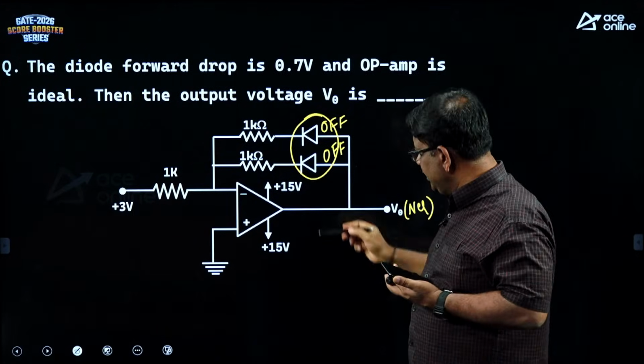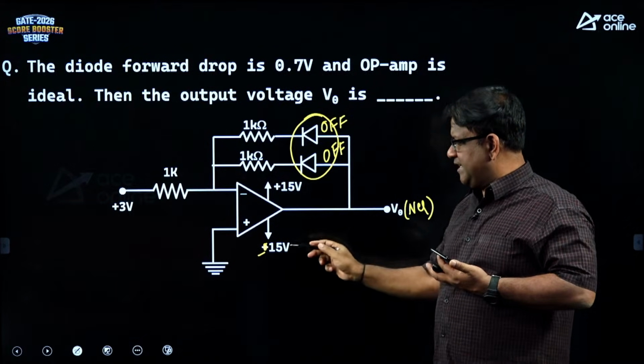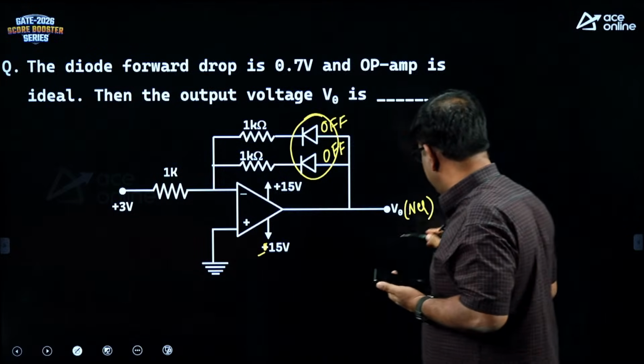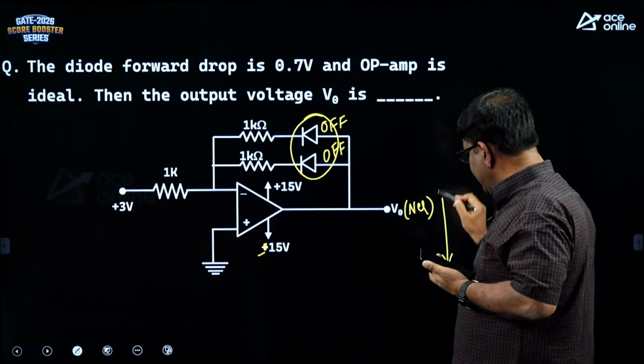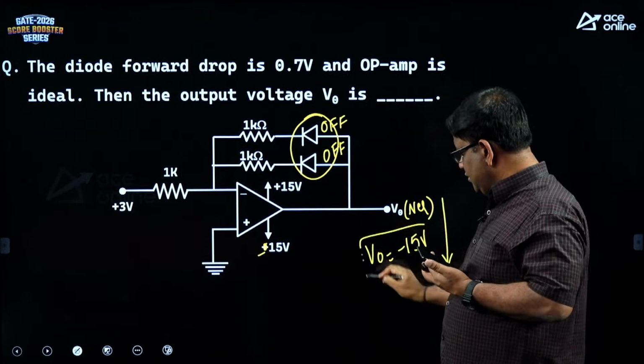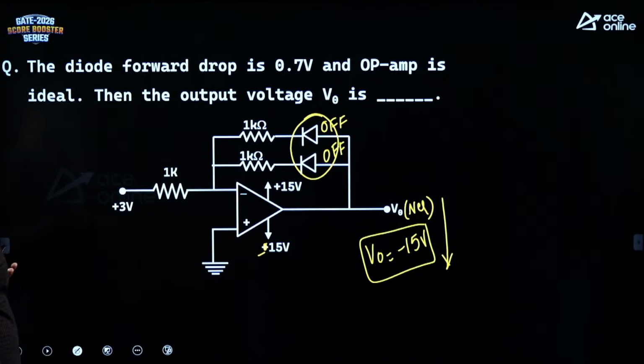In open loop, the output is either plus Vsat or minus Vsat. Since the voltage is given to minus, your V0 will hit the negative rail voltage, which is minus 15. Here the diodes are in off state, so your V0 is going to be minus 15 volt.